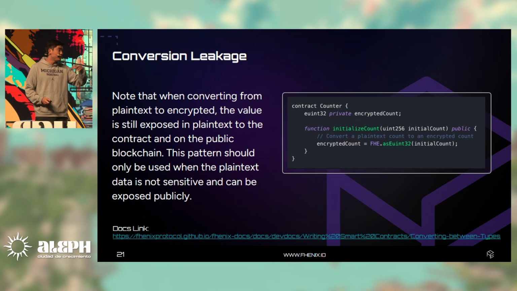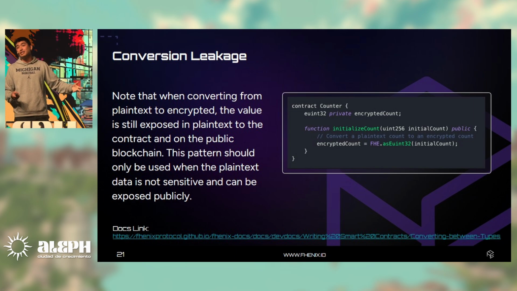Here's a really simple example where you're passing in an unencrypted value, and then you're encrypting it, and then doing whatever. But if you look through what happened, you're going to be able to see that this initial value was passed in. So you have to be cognizant that if you have a private value, at no point can it have been public, or else it's burned. It's not something you can use anymore.